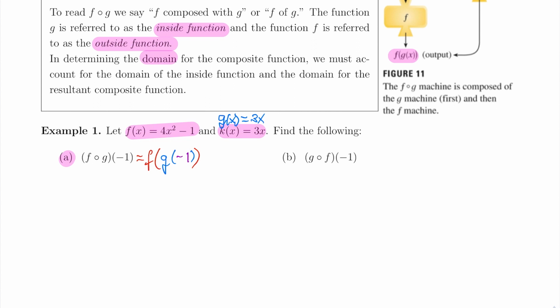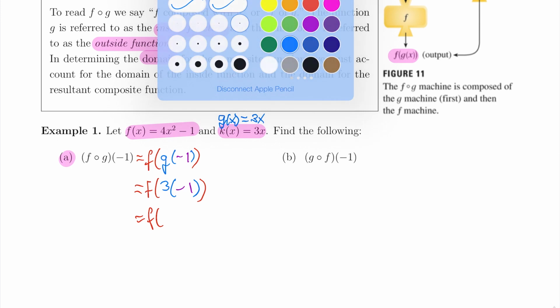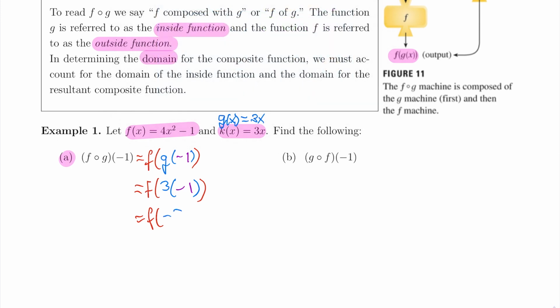So I'm going to apply g, and the input for g is -1. So I'm using my function g of x, which is 3 times x, and so we have 3 times, and our input is -1, like that. So now we can do 3 times -1, that is -3. So we get f of, and so our output of g is -3.